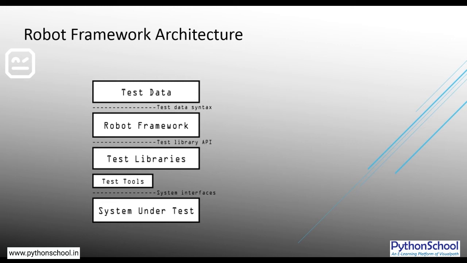The framework also contains many standard and external libraries to support various kinds of testing, and each library serves a unique testing purpose. Standard libraries are included when we install the Robo framework, and we have many built-in libraries such as BuiltIn, OperatingSystem, Dialogs or Remote.